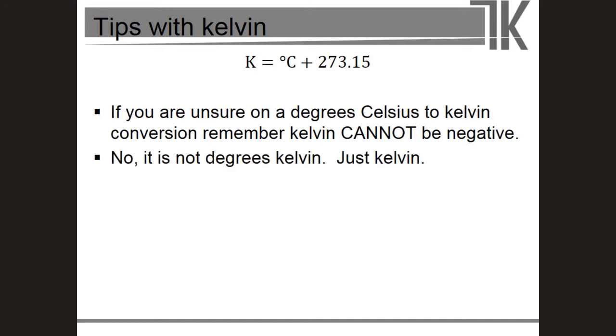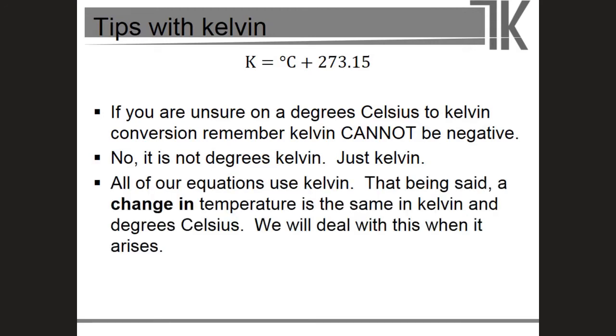And just another reminder, we've got degrees Fahrenheit, degrees Celsius. This is just Kelvin, not degrees Kelvin. And all of our equations use Kelvin. That being said, a change in temperature is the same in Kelvin and degrees Celsius because remember they've got the same interval. So we're going to deal with that a little bit later today actually.